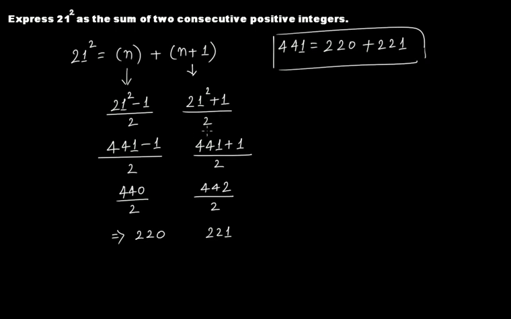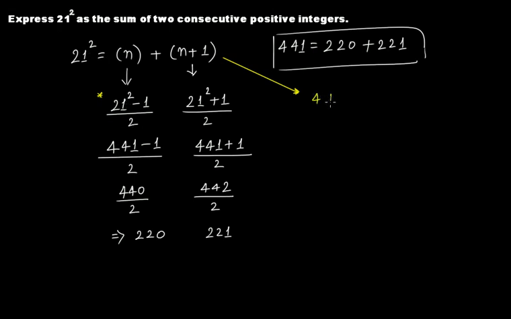Now, this we solved using a property that we have already discussed. But there is one more way to solve this one. Let's suppose the two consecutive numbers are n and n plus 1. Now I'm solving this without using any property. The second way is to find 21 squared, which is 441.